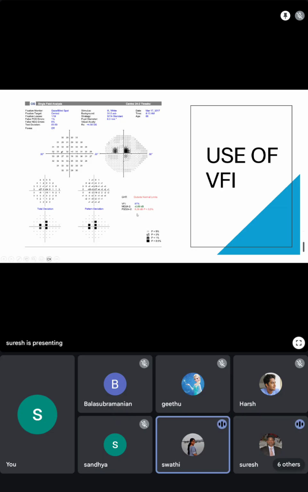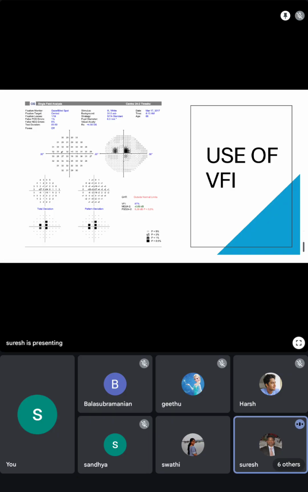See, the VFI gives more weightage to the center points. Okay, whereas the mean is just a mean. So overall, there are very few deep scotomas or absolute scotomas, so mean deviation is not that much affected. Whereas since these absolute scotomas are towards the fixation, the VFI is showing such a huge change.